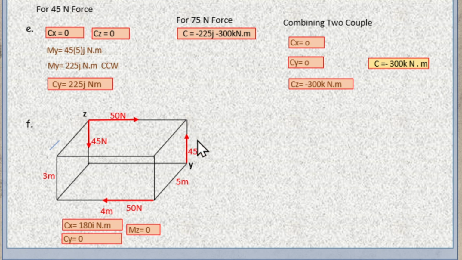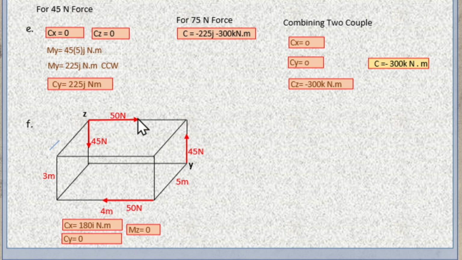Since this is in counterclockwise direction, based on right hand rule, counterclockwise is positive. So we have couple at x equal to 180I Newton meter. For our couple y, if we look at its right side view, it will lie on the same line, so our couple y equals 0. And for our couple z, looking at its top view, we cannot see these forces, so couple at z equals 0.